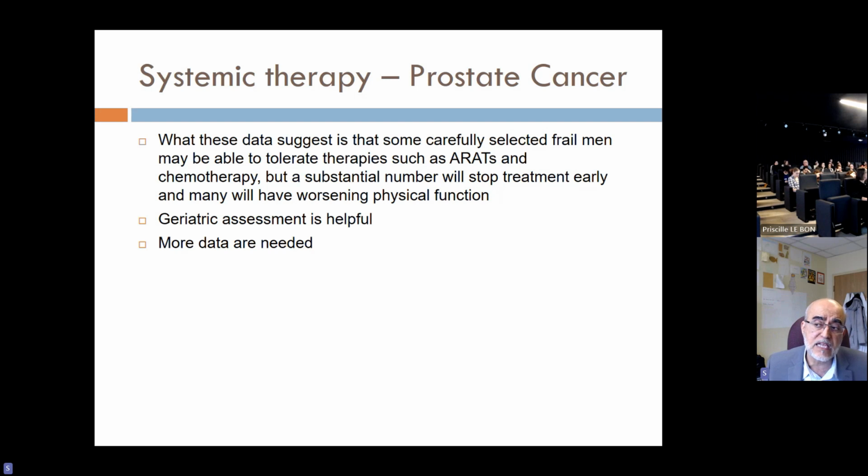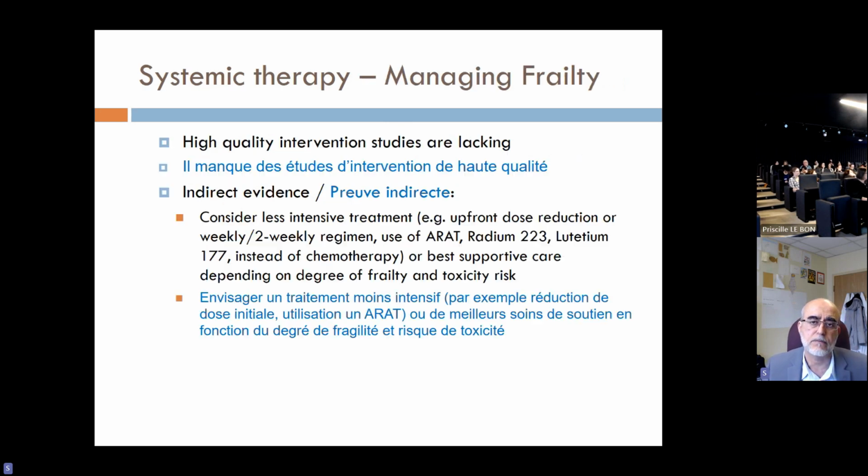But they may be willing to undergo treatment to improve quality of life and possibly improve survival. But we do not know how much the survival is improved because we have very little data. And geriatric assessment is helpful in understanding and optimizing these patients with co-management.